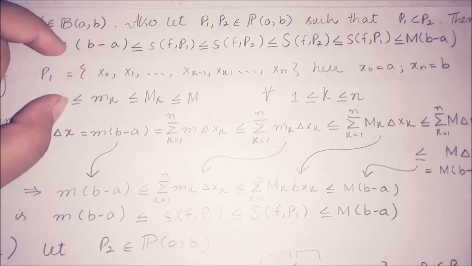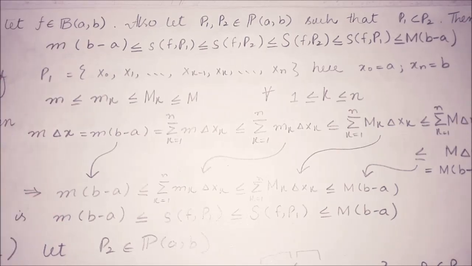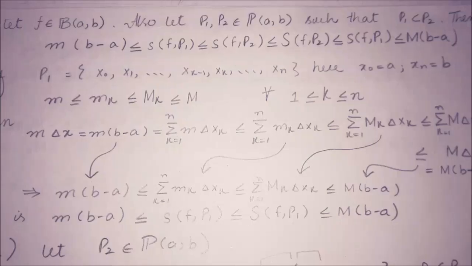And that relation we proved in the previous video. So now we have completed the proof of the very important lemma of the Riemann integral, relating the lower sum and upper sum of the finer partition with the infimum and supremum as well.